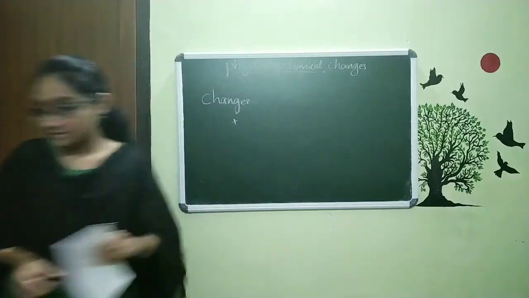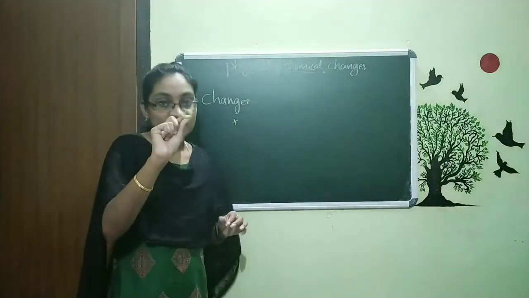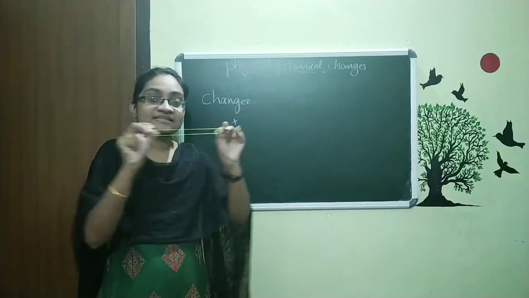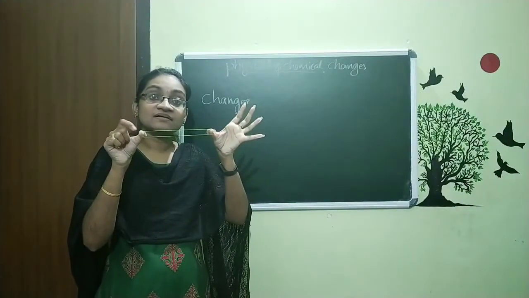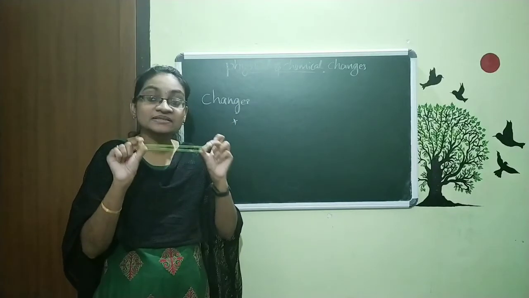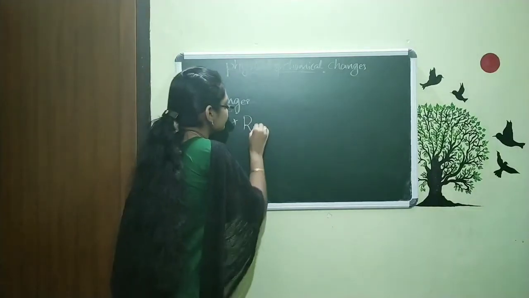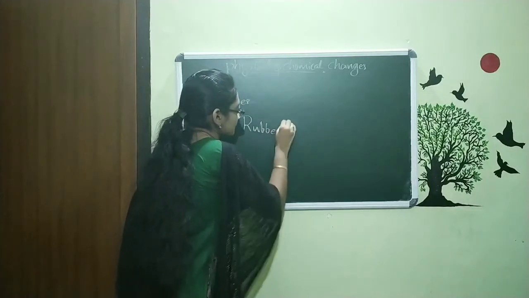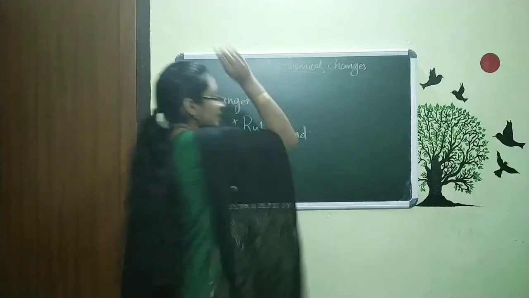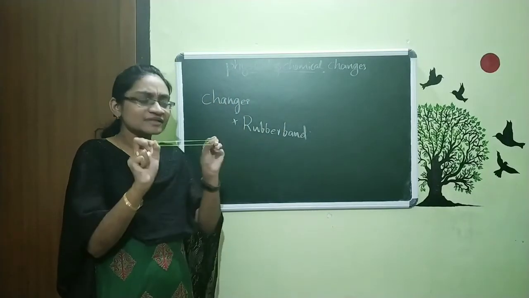The first is, here in my hand I have one rubber band. And when I stretch this, you can see that the length is getting changed. So for the rubber band there occurs one change when I give some force.